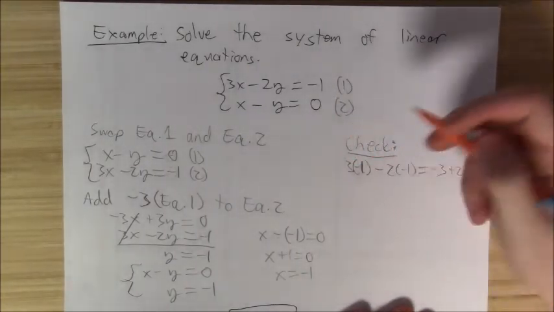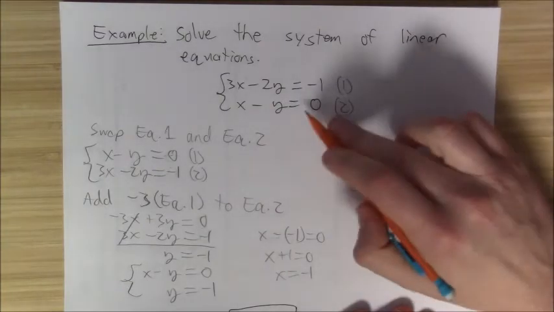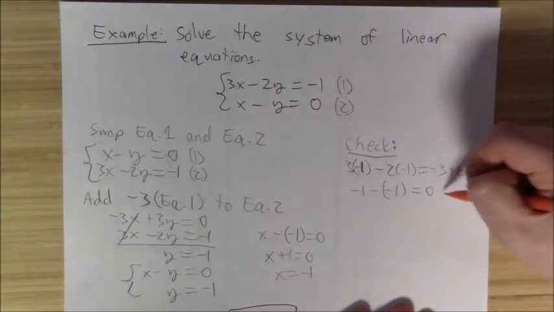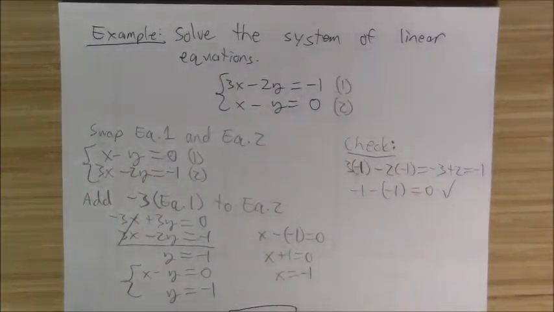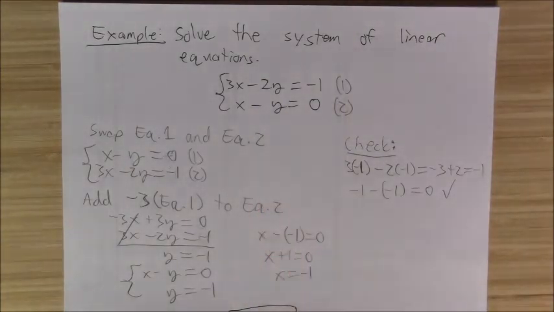For the second one, -1 minus -1, since they're the same, that's going to be 0. This isn't surprising, because we always create an equivalent system of equations if we stick to those 3 row operations.